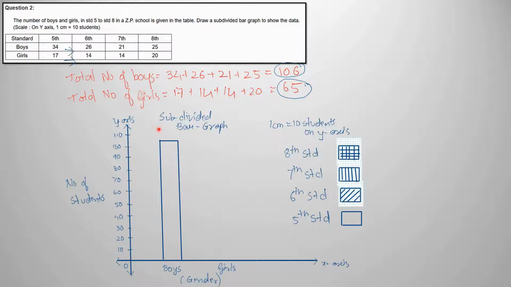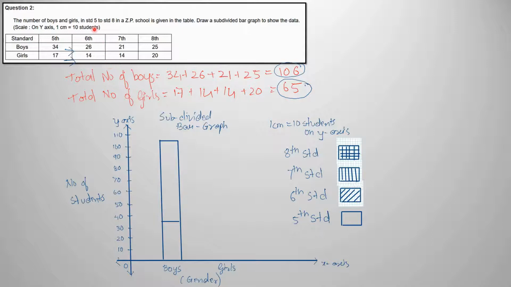Now, in this first bar, we have to subdivide it into categories, which will denote 5th standard, 6th standard, 7th standard, and 8th standard. For 5th standard, there are 34 boys. So on this first bar, you draw a line up to 34. This portion of the bar will denote 5th standard.